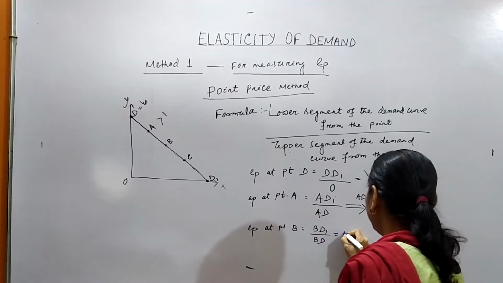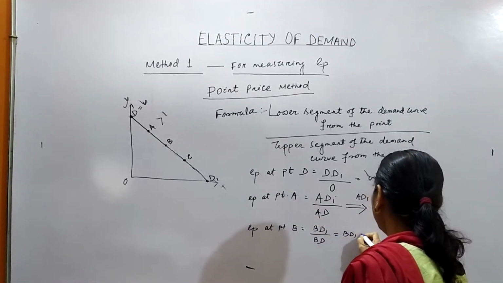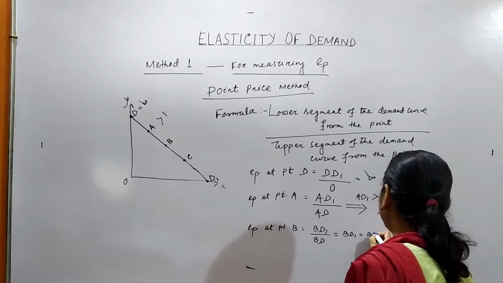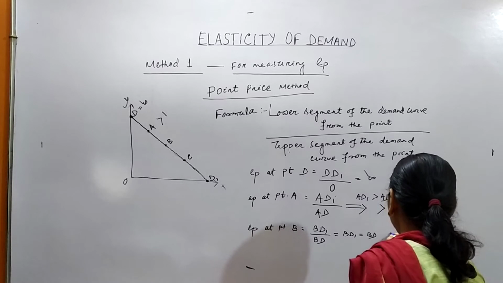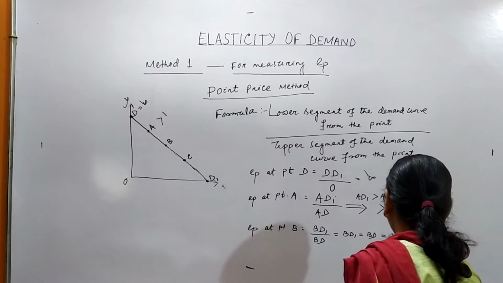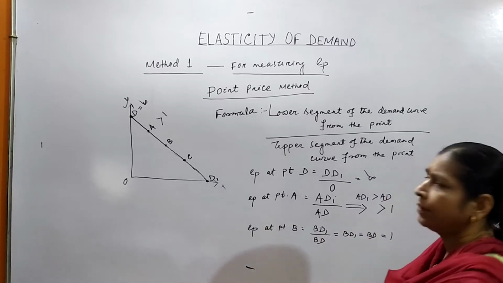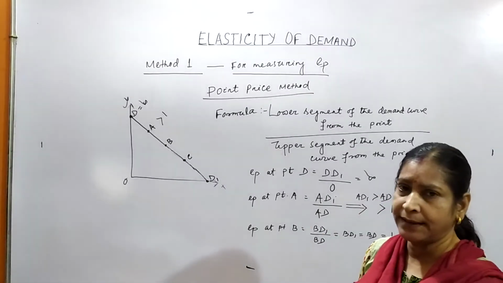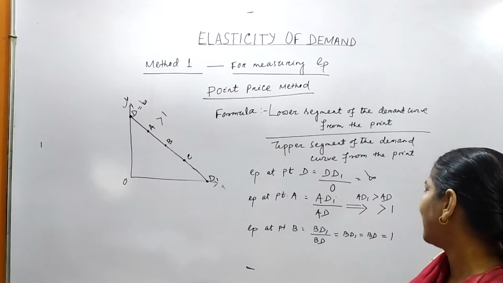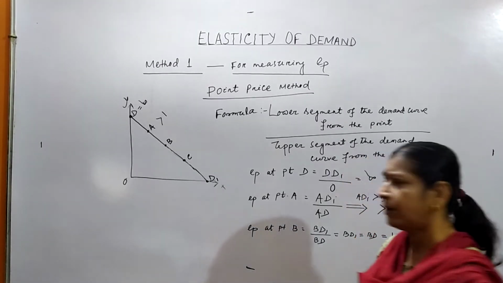BD1 equals BD. So EP कितना होगा? The value of EP equals 1. न्यूमरेटर इक्वल टू डिनोमिनेटर हो जाने से ये फ्रैक्शन का वैल्यू आपका 1 आ जाएगा. So in this case, the value of EP equals 1.